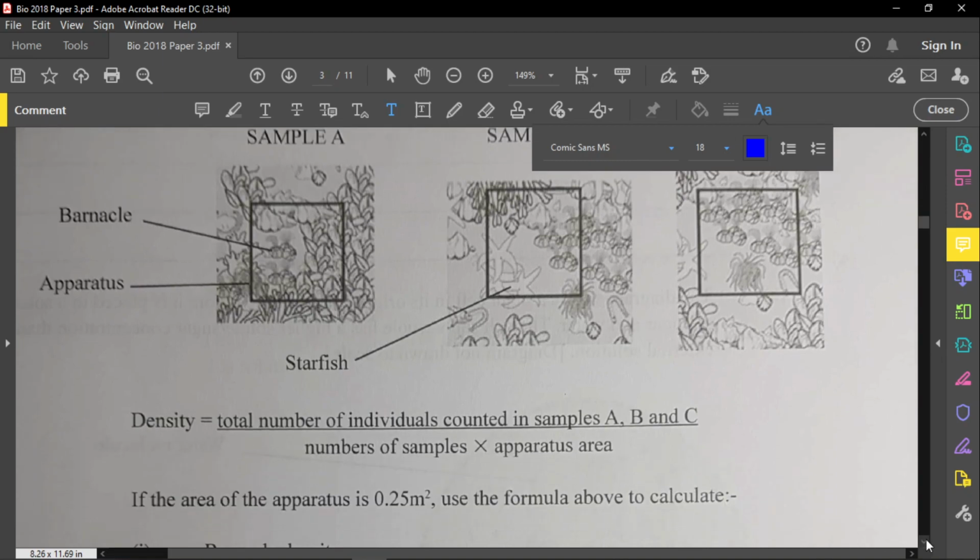Now, the formula given here said density is equal to the total number of individuals counted in samples A, B, and C over the number of samples multiplied by the apparatus area, or the area of the apparatus. Now, if you notice here, the total number of individuals counted over the number of samples actually gives you the average, right?